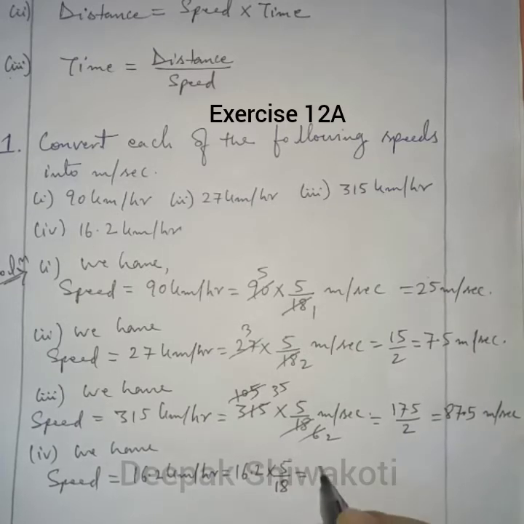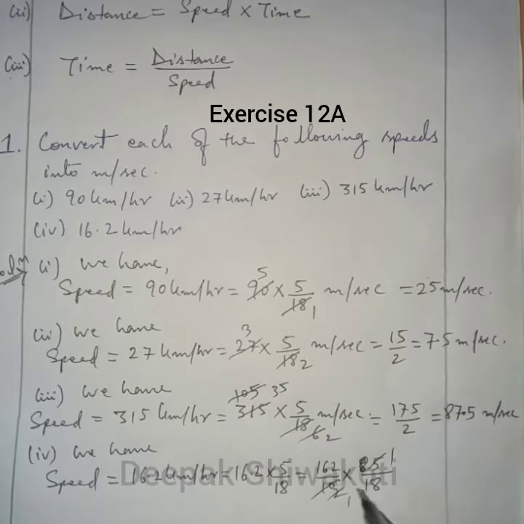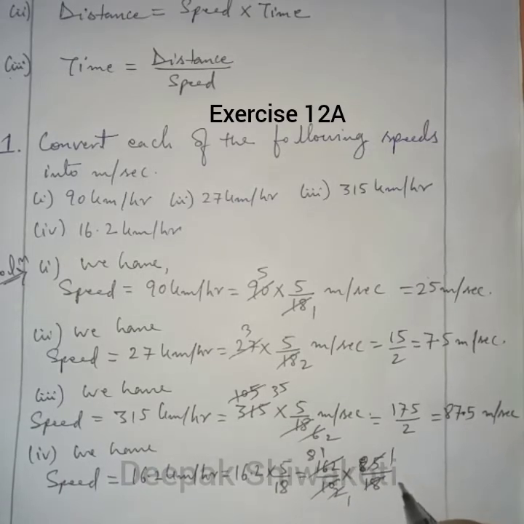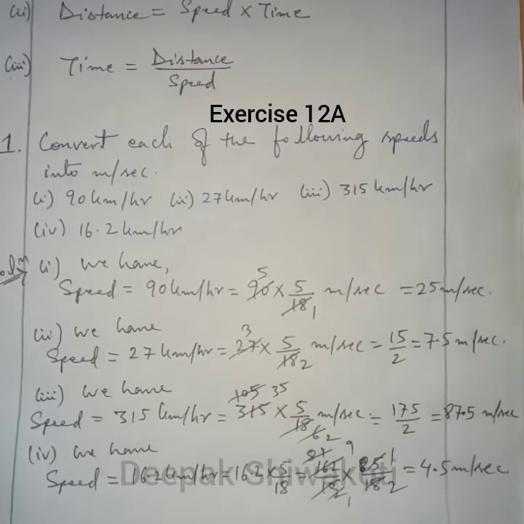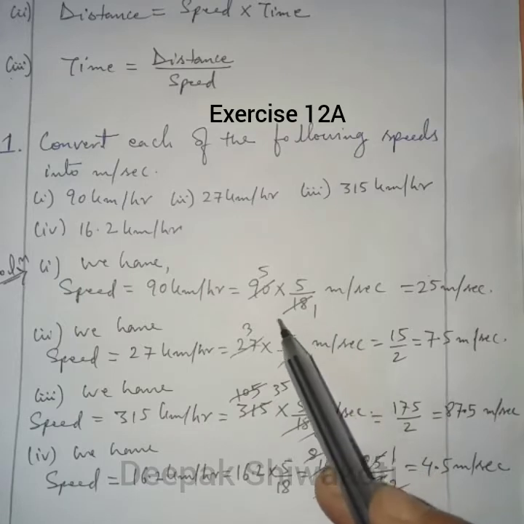Remove this decimal, so 10 will come here in the denominator. 5 by 18 here. 5 ones are 5, twos are 2, ones are 2, eights are 16, 2 ones are 2 here by 9, 9 nines are. 9 by 2 is 4.5 meter per second. So important is to remember the fraction 5 by 18 while converting kilometer per hour to meter per second.